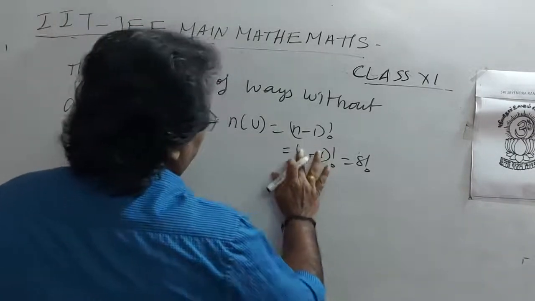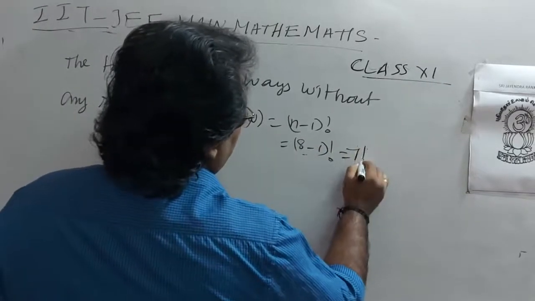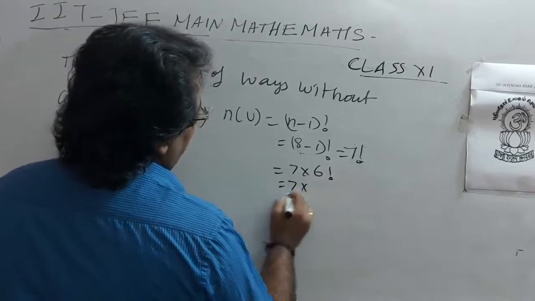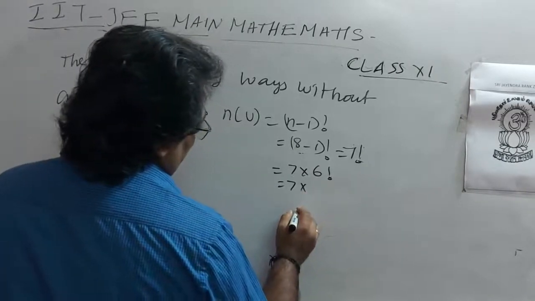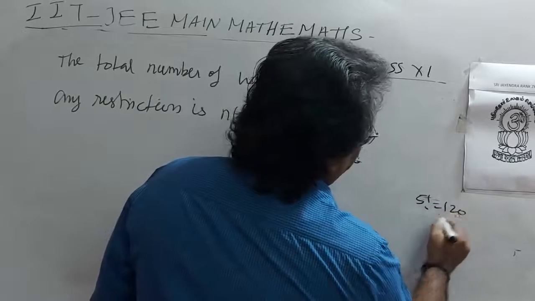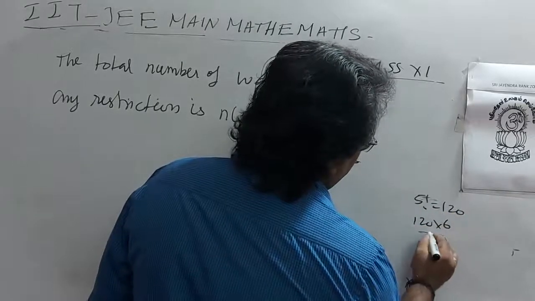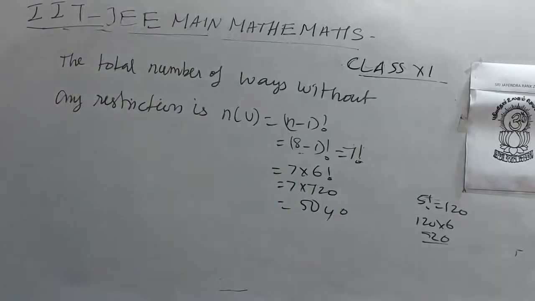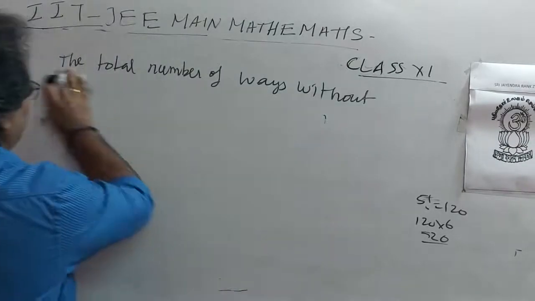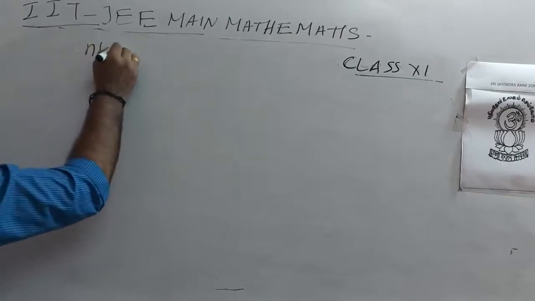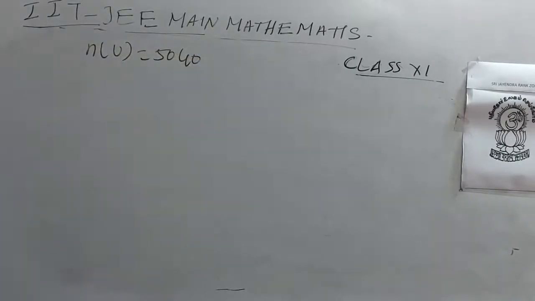Sorry, we have totally 8 members, so 8 minus 1 factorial, that is 7 factorial. 7 into 6 factorial, that is 6 factorial is 720, so 720 into 7 equals 5040. So n of U equals 5040.